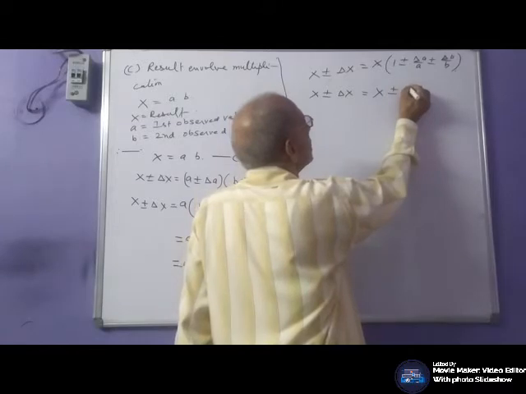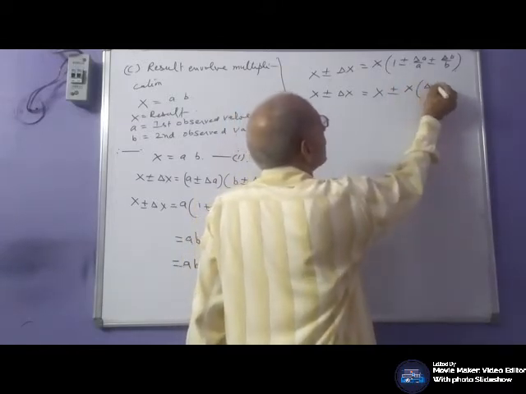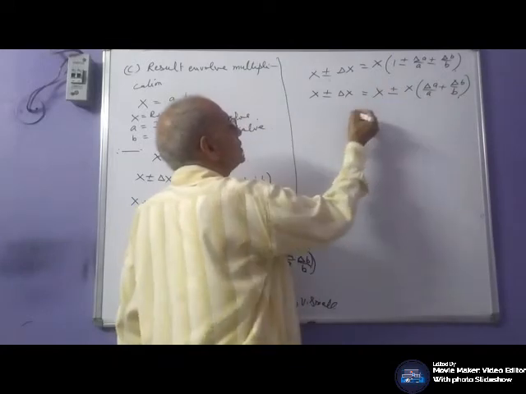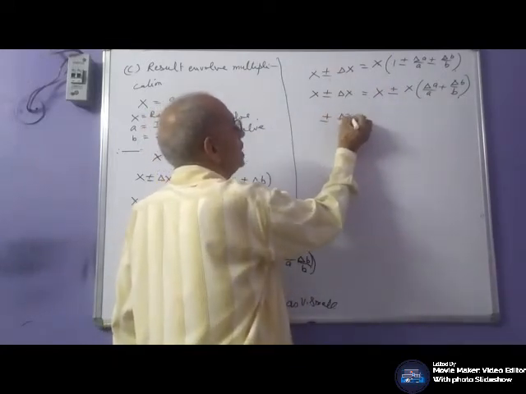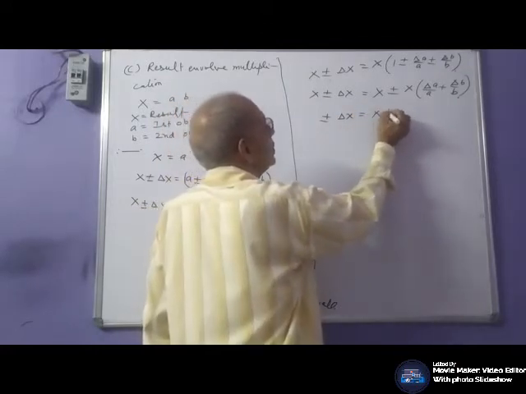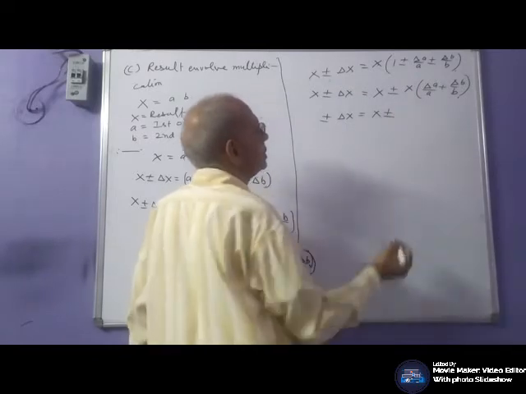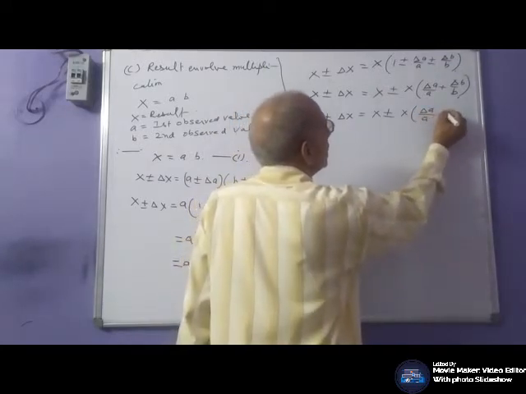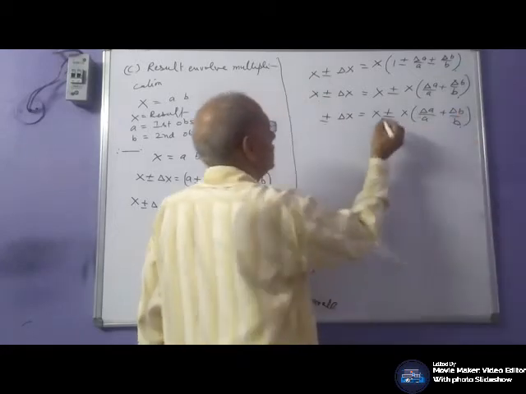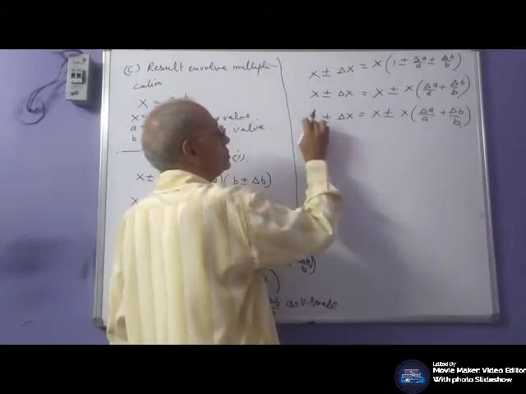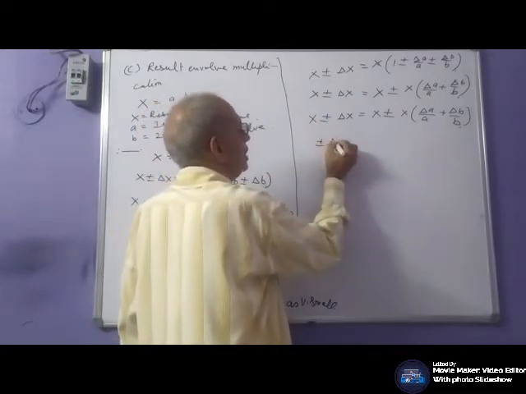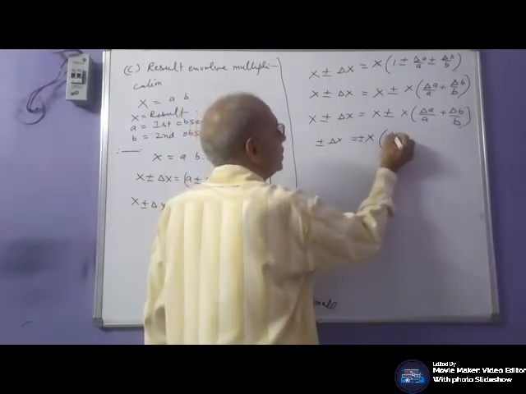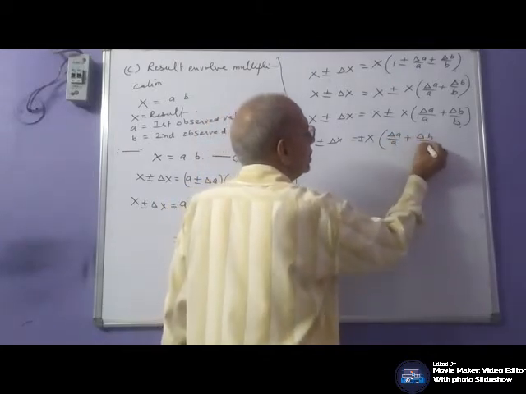Plus minus, X common: delta A by A plus delta B by B. Cancel this with this. Plus minus delta X is X times delta A by A plus delta B by B. X goes with this X. So plus minus delta X is X times delta A by A plus delta B by B.